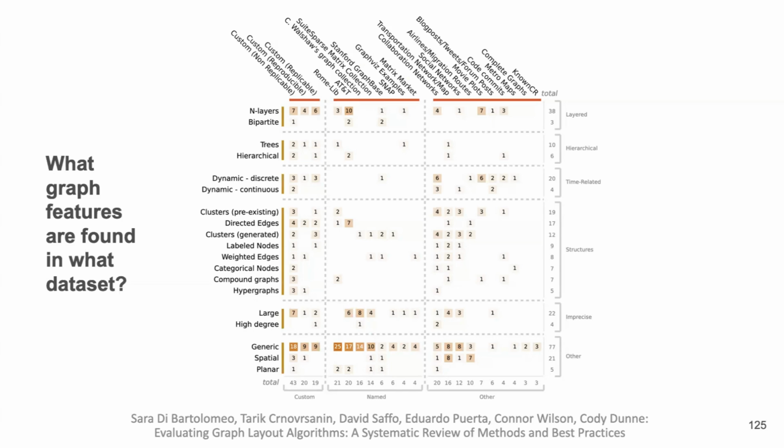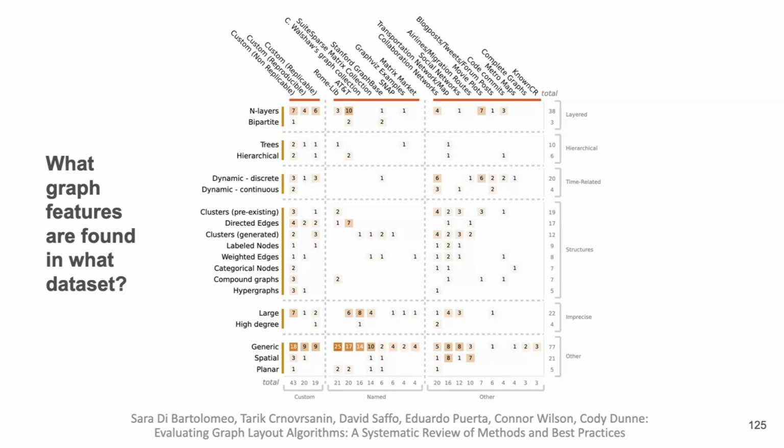So in the case of dynamic networks, for example, dynamic discrete, here you see that a number of people, 6 there, have used collaboration networks. Collaboration networks are usually networks of people that worked on the same paper, and they have a dynamic component because the papers have years.